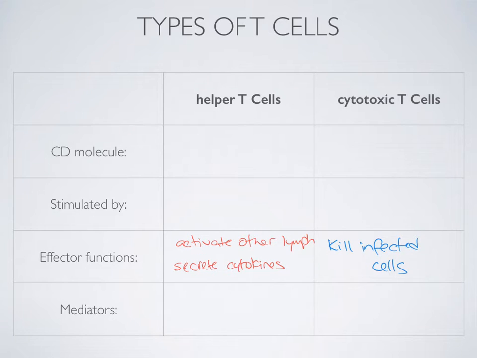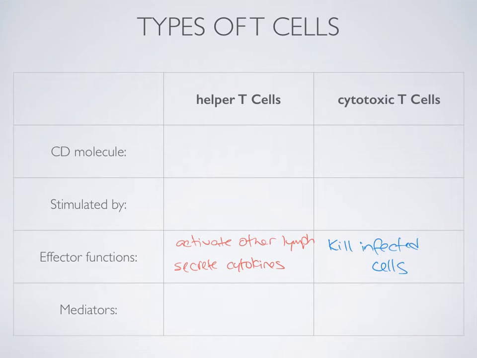Yes? I just have a question about the cytokines again. Does it secrete different cytokines depending on what it's infected with also? It'll secrete different cytokines depending on what type of antigen presenting cell presents the antigen, as well as it gets really complex because there's a bunch of different subsets of T helper cells. So T helper 1 versus T helper 2 versus T helper 17 all secrete different cytokines.